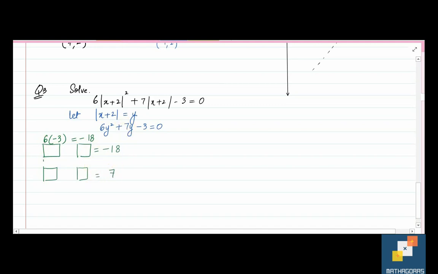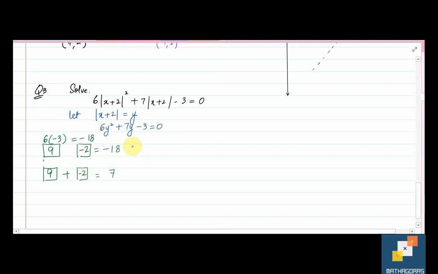So 18 comes in 2, 3, 6, 9. So it will be 9 and 2. 9 times negative 2 is minus 18, and when we add 9 and minus 2 it will be 7. So you got both your numbers.